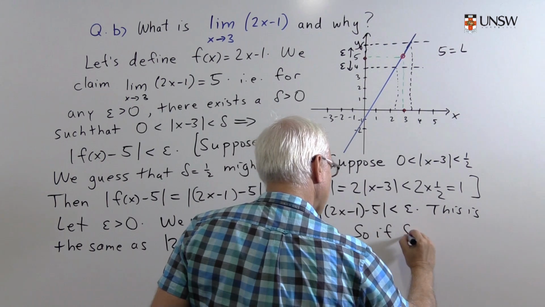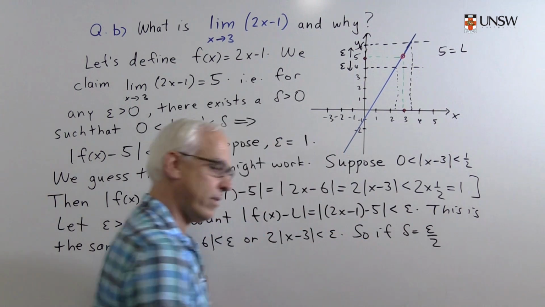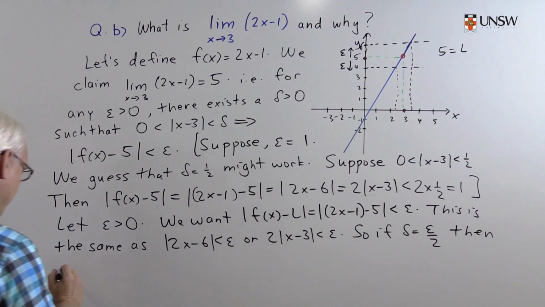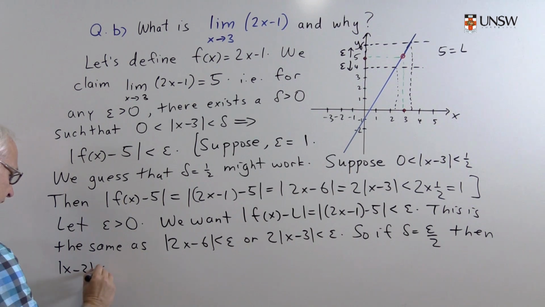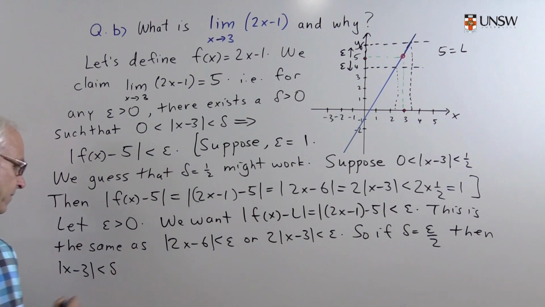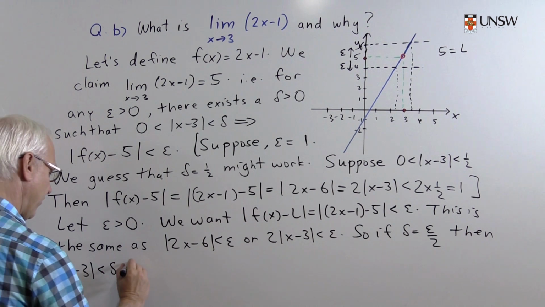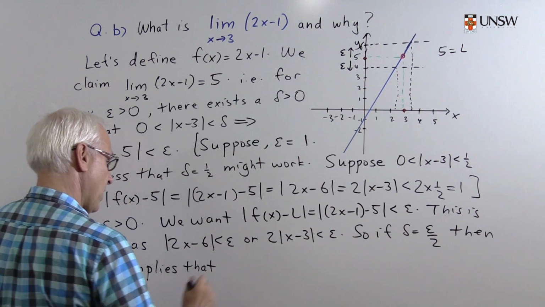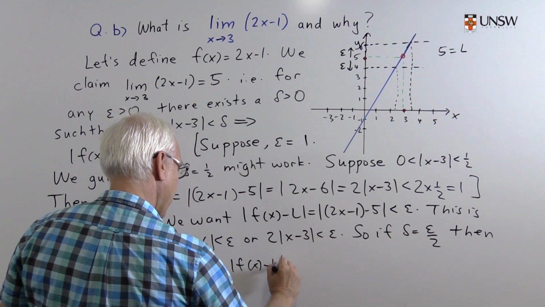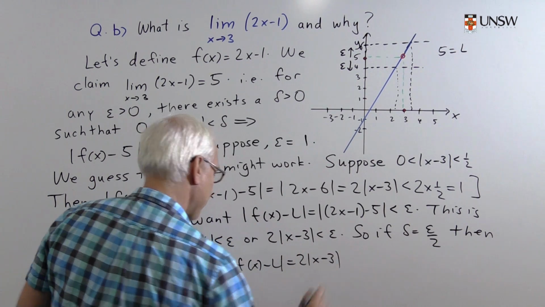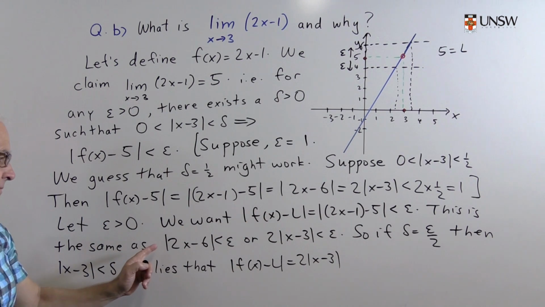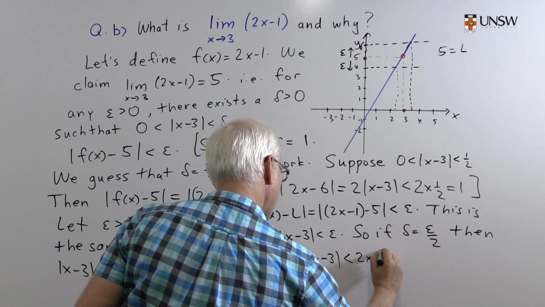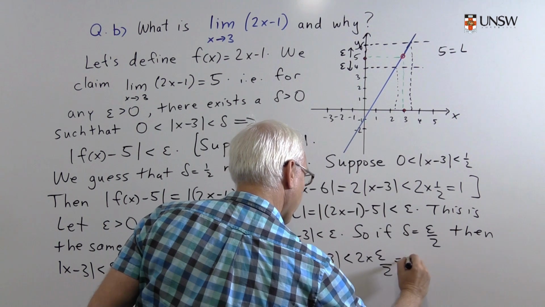So if delta equals epsilon over 2, then if x minus 3 is less than delta, this implies that f of x minus L, which is 2 times x minus 3, will be less than 2 times epsilon over 2, which is epsilon.